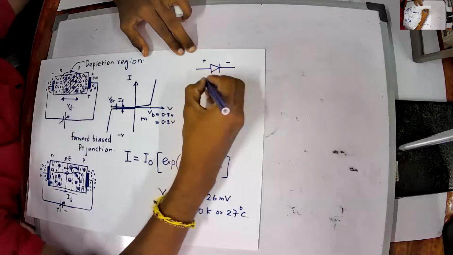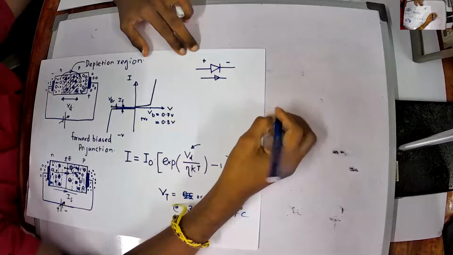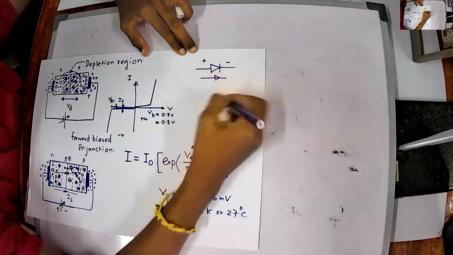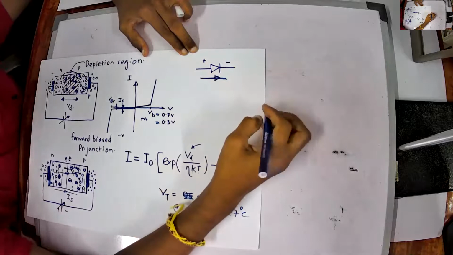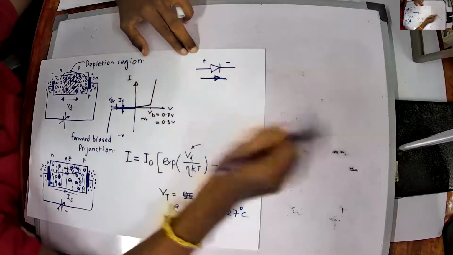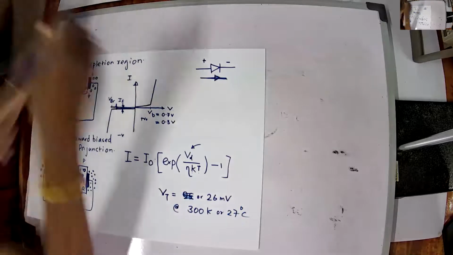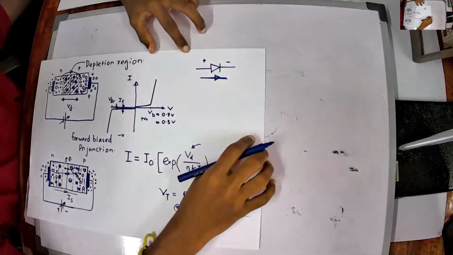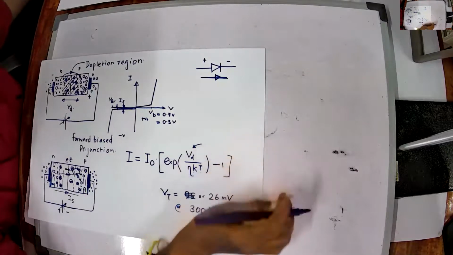So the current will be conducted unidirectionally. If you apply plus to plus and minus to minus, the current will flow through the diode, and if you turn around the power supply direction, the diode will be open, like an open circuit.